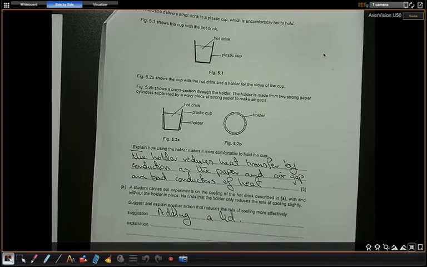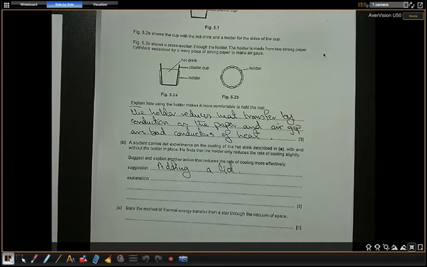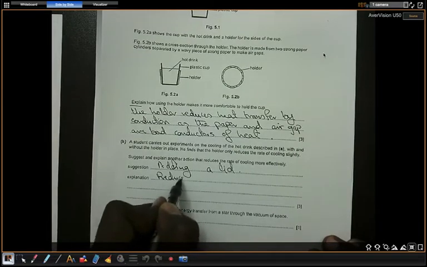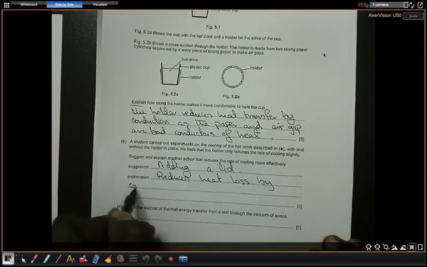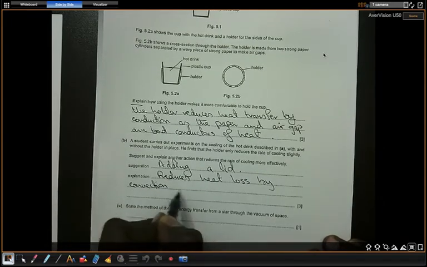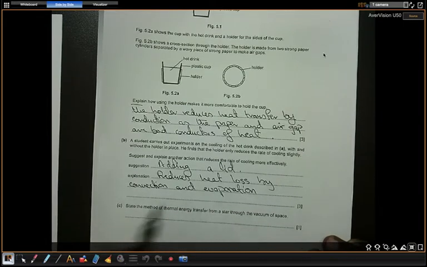When you add the lid, you reduce heat loss by convection and evaporation. You've got to mention both of them, yeah? Because now you know that a lid reduces heat loss by convection and evaporation. Okay?